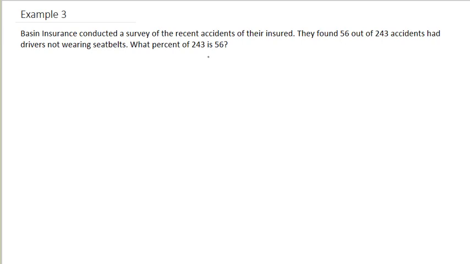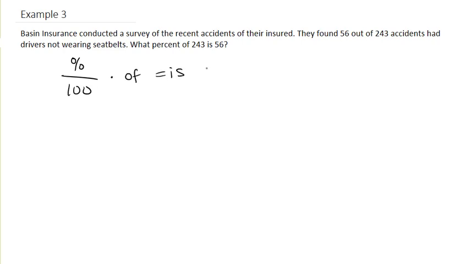So for this problem, let's first get our equation. So this time we are looking for what percent. So we're looking for that number. We have 243. So that's our number here, and "is" 56.